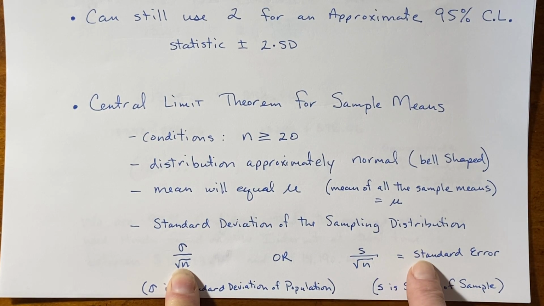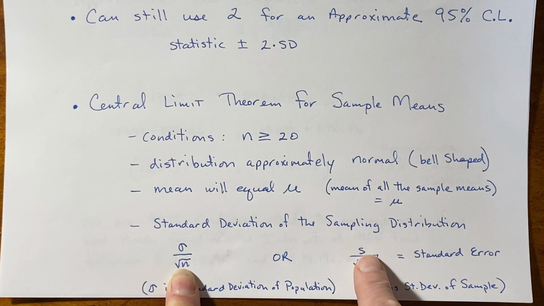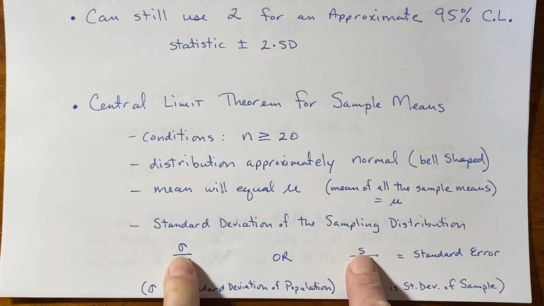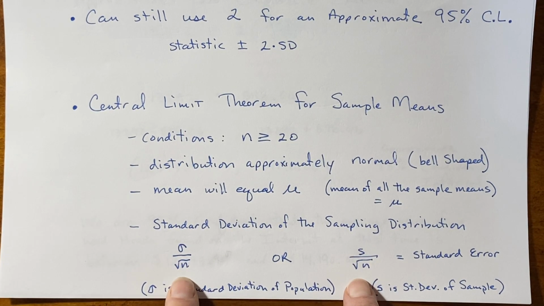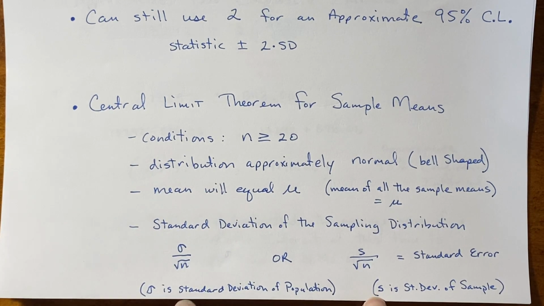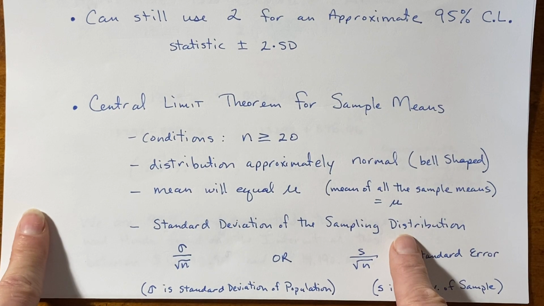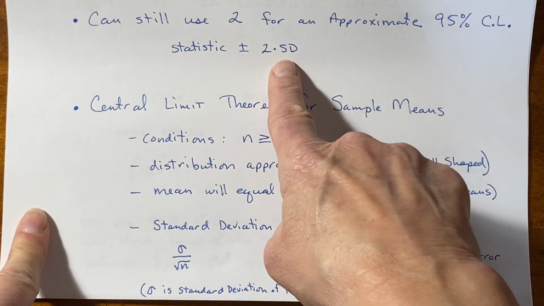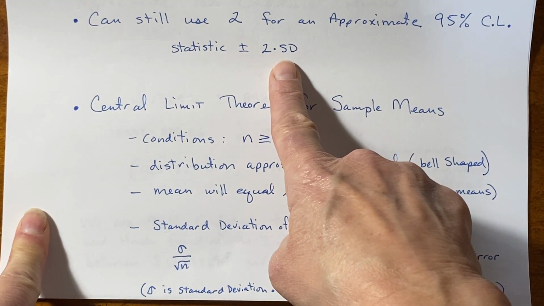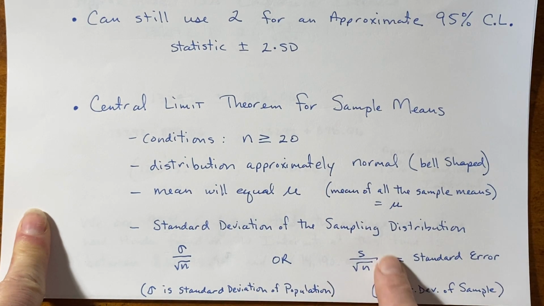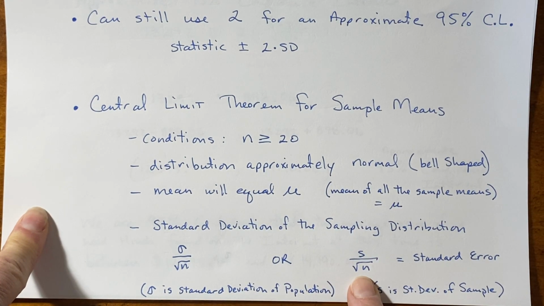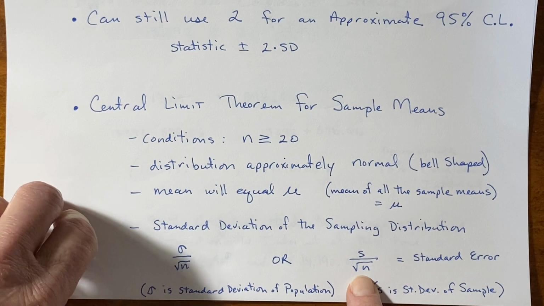So the standard error simply substitutes s for sigma, because usually we do not know sigma. This is how we will calculate the standard deviation of the sampling distribution when we create our confidence interval.